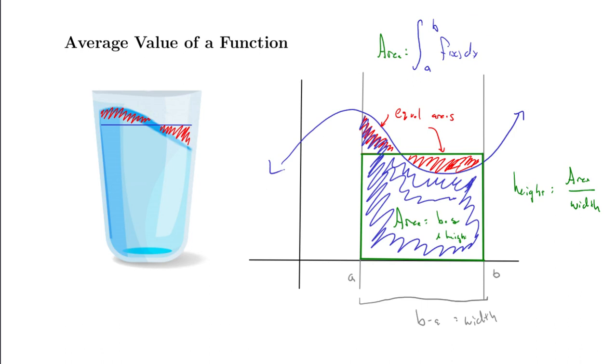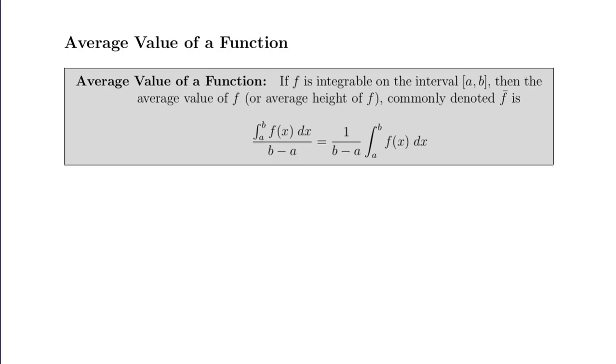So, all this to say, if you want to find the average height of a function, this green bar that we have, take the area, which is the integral, and divide it by the width, which is the difference of b minus a. And that gives us the average value of our function.